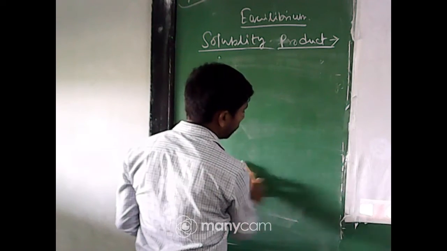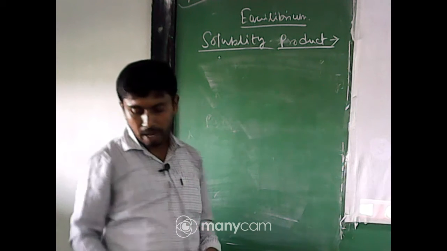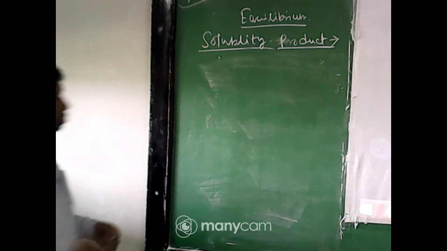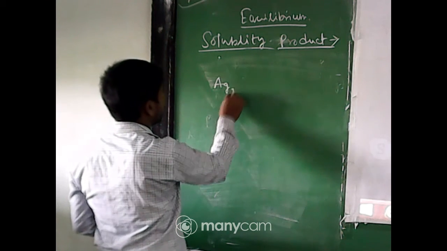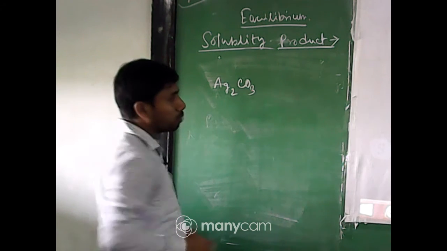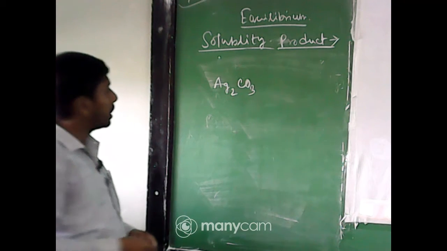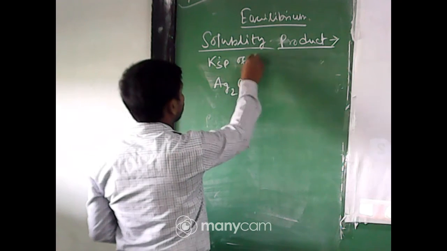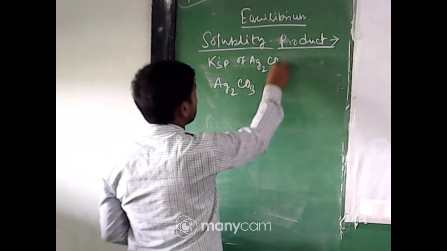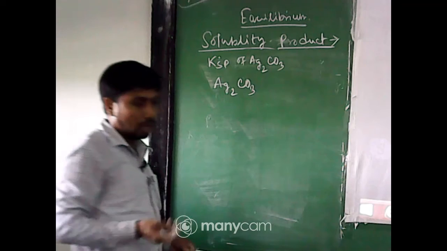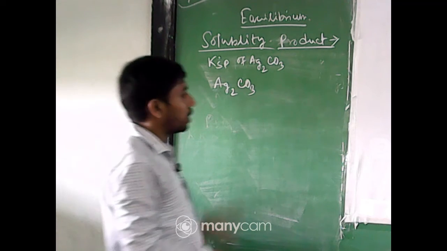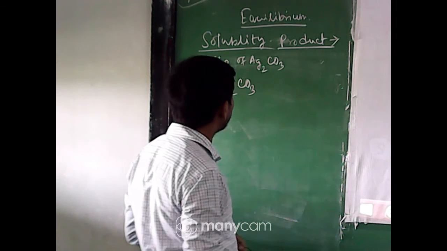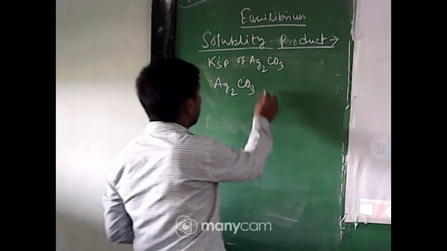Next step, another example, Ag2CO3. Can you do it? What will be the solubility product? Ksp of Ag2CO3 is equal to the multiplication of the concentrations of the products, that is Ag plus and CO3 2 minus.